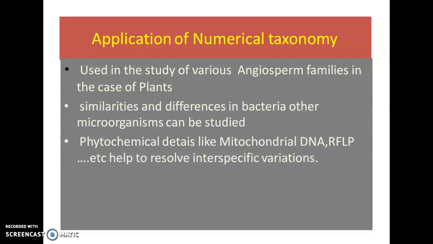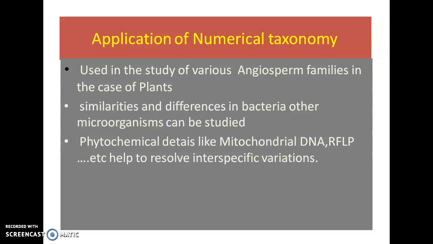Then what are the applications of numerical taxonomy? This is generally used in the study of various angiosperms or plant families in the case of plants. And the similarities as well as differences in characters in bacteria and all other microorganisms can be studied by means of this numerical taxonomy.